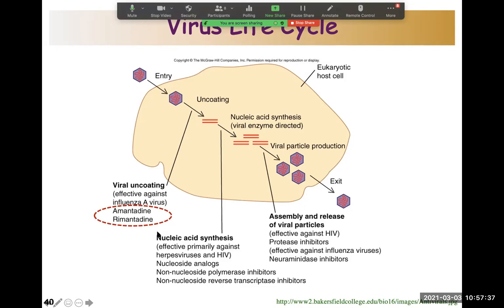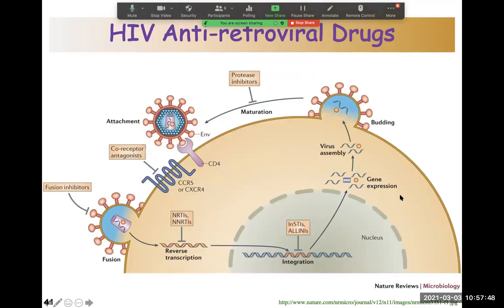And then you have drugs against nucleic acid synthesis, and those that prevent the assembly, as well as exiting and attaching again. So there are many different drugs, and because HIV has been such a huge problem, there are all kinds of inhibitors, from binding to fusion to synthesis to gene expression to assembly and maturation.